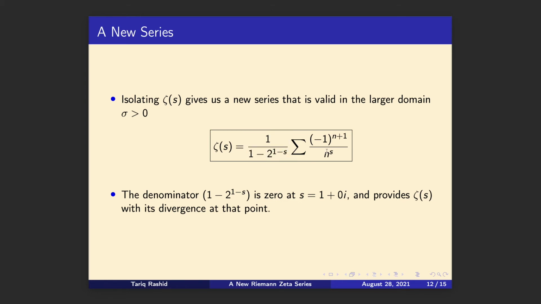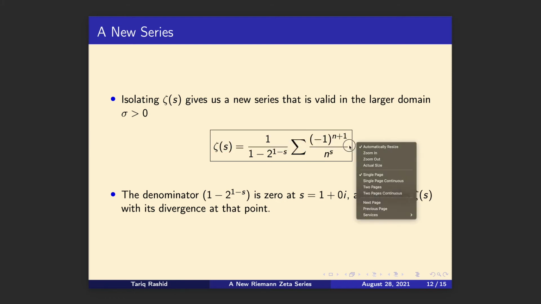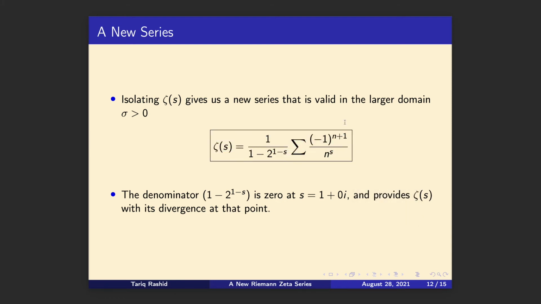But the main point, the key achievement, is we've found a function, a series, which is valid for sigma more than 0, and it agrees with zeta. So it's an extension. Fantastic. That's exciting.